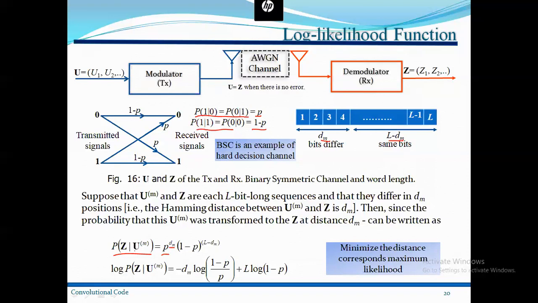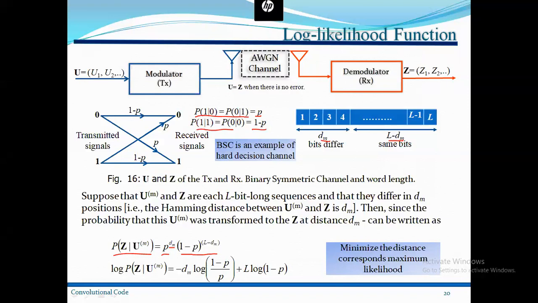So this is the received sequence and the branch word sequence. This is the comparison between the two. This is the erroneous decision and this is the probability of correct decision. So the probability (1 minus p) raised to L minus dm is the correct probability. By taking the log, we can translate it into the form of a sum.